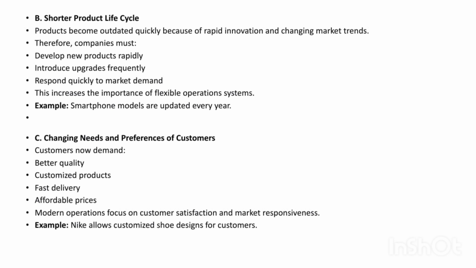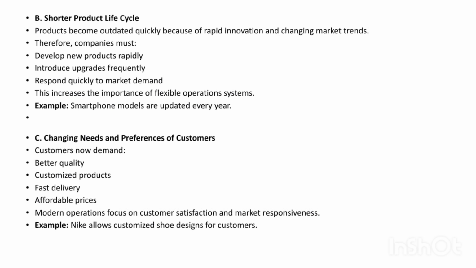So the next one is changing needs and preferences of customers. So the customers now demand better quality, customized products, fast delivery and affordable prices. Modern operations focuses on customer satisfaction and market responsiveness. So for example, Nike allows customized shoe designs for customers.